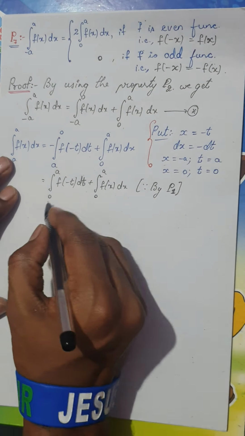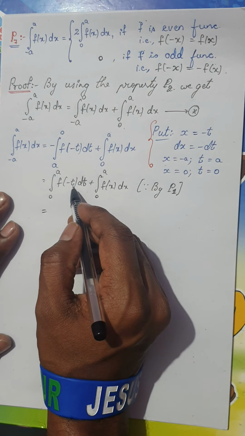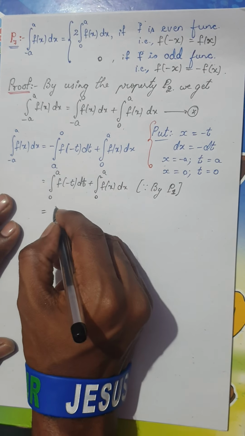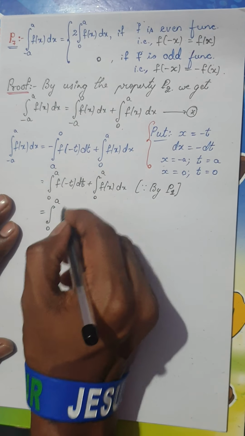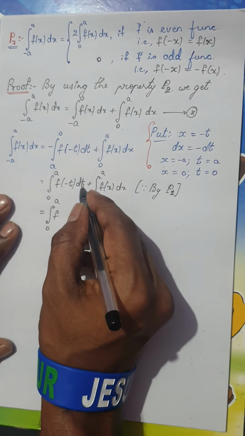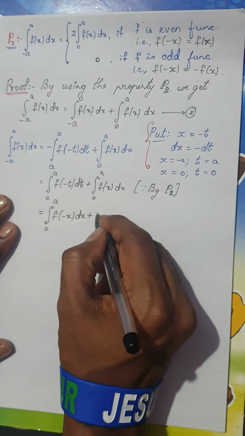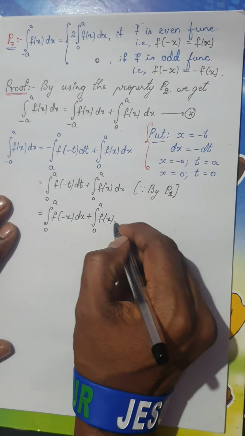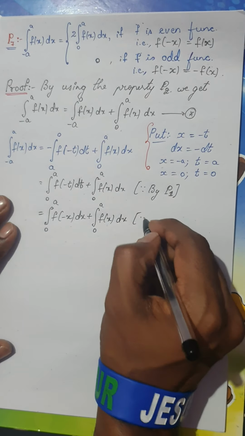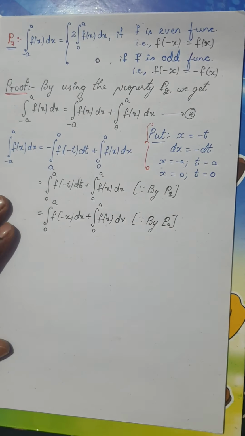Now I can change the variable t to x directly by using the property P0. So the integral from 0 to a of f of minus t dt can be written as the integral from 0 to a of f of minus x dx, plus the integral from 0 to a of f of x dx. This is by P0.